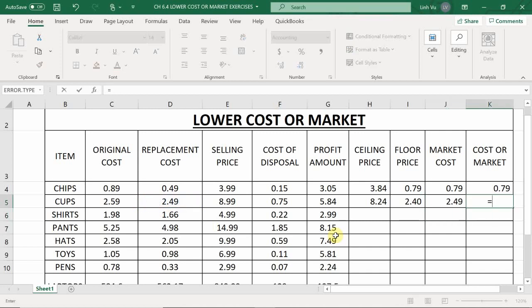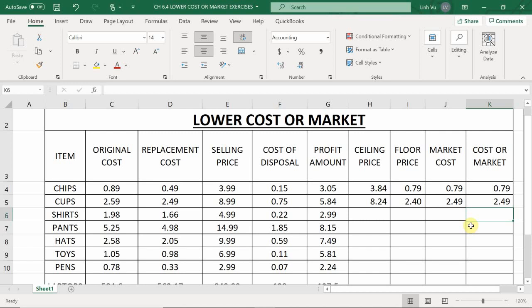Okay. So then let's compare which one's lower, my original cost or my market. 2.49. Yes. Okay. All right. Next scenario here is we bought a bunch of shirts. Okay, we bought it for $1.98.